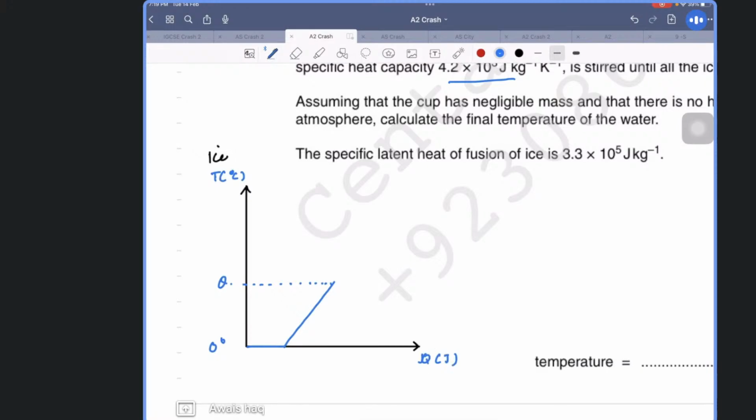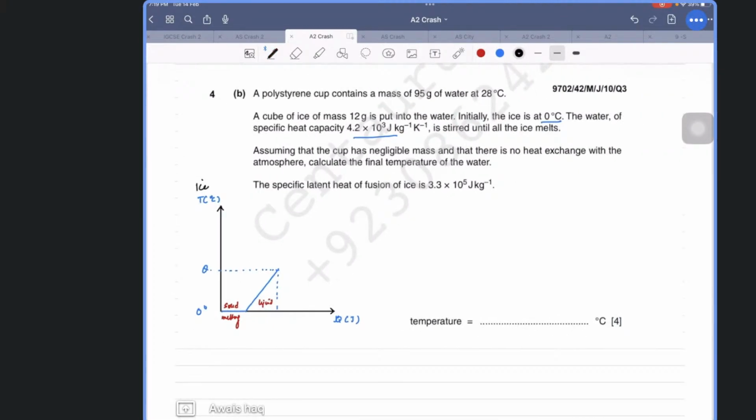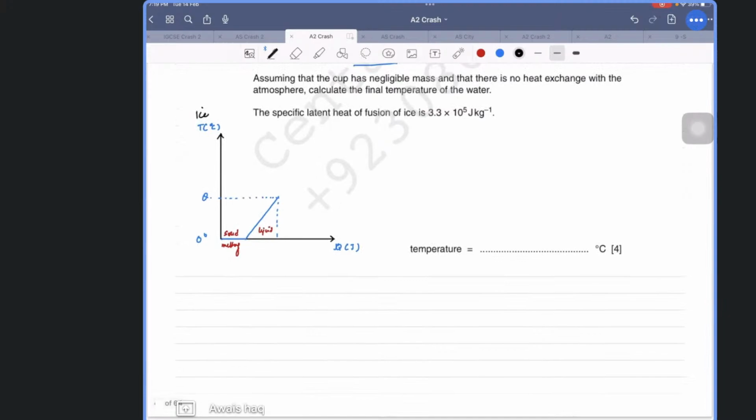Now in this section, this is when it is solid, it's melting, and this is where it is liquid. And for the other one, water, let's build it here. You can do it on only one of these, that's fine as well.